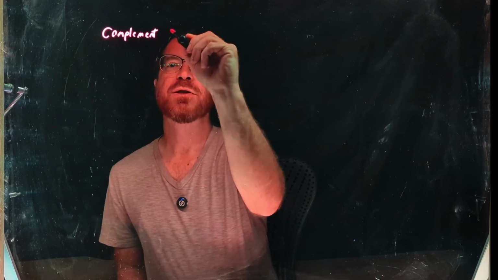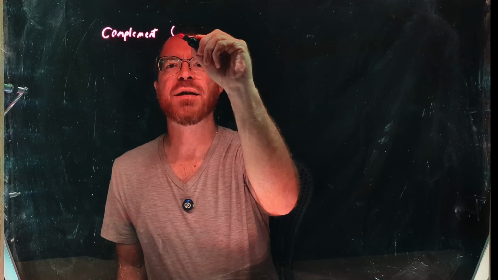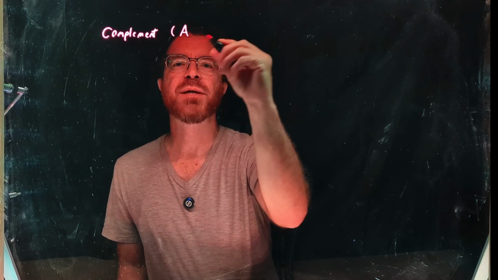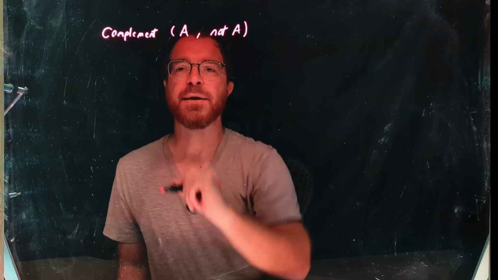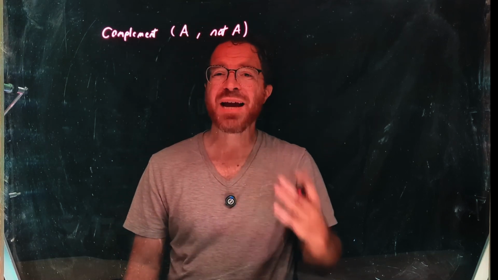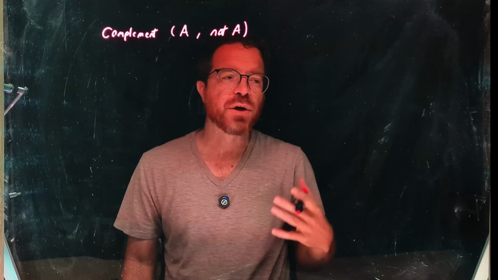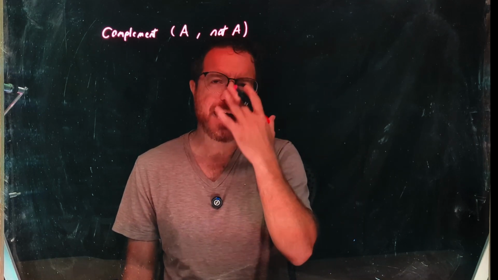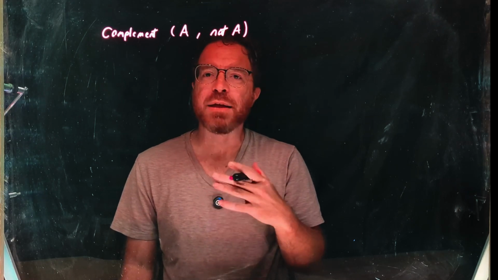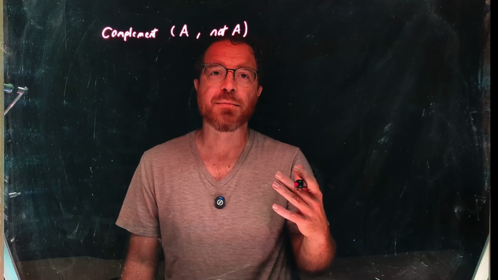So the complement could just be thought of, and I'm going to do this in terms of A and B, but in this case, for A, the complement would be not A, which means basically whatever A is, the complement is everything else. So for example, if I am rolling a 20-sided die and A are even numbers, then not A would be not even numbers or the odd numbers.